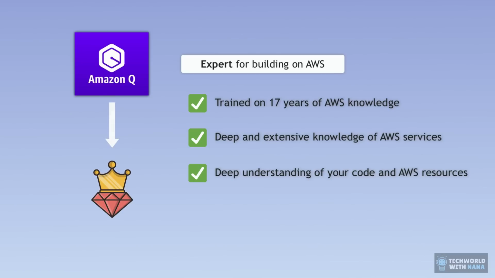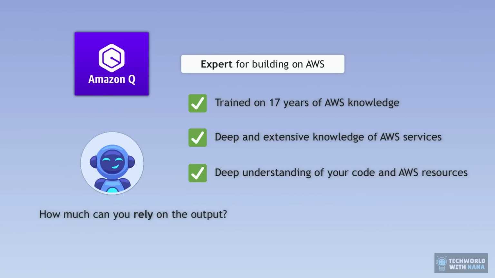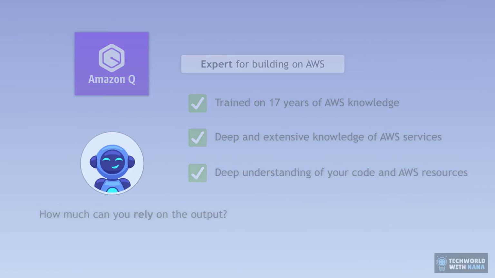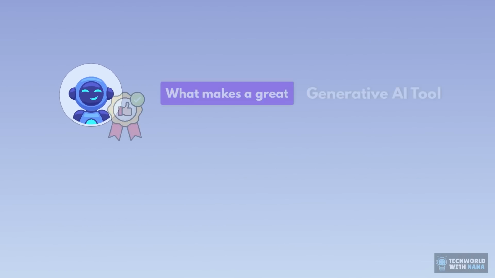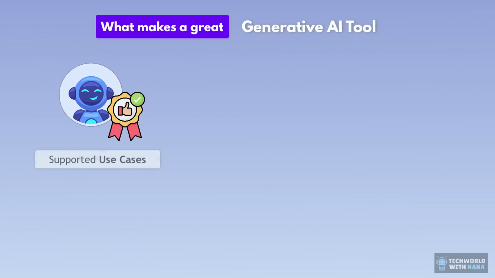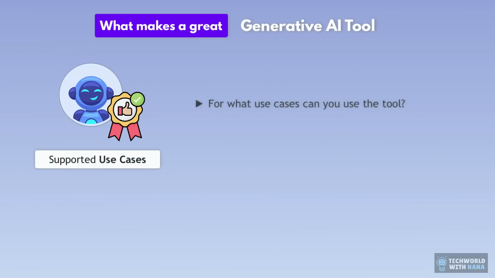So in general, an extremely important aspect of AI code assistant tools is how much you can rely on the output it generates. And the second question related to the value of such tools is the use cases they cover. So what are those AI tools good for, and why would you want to use them in the first place?